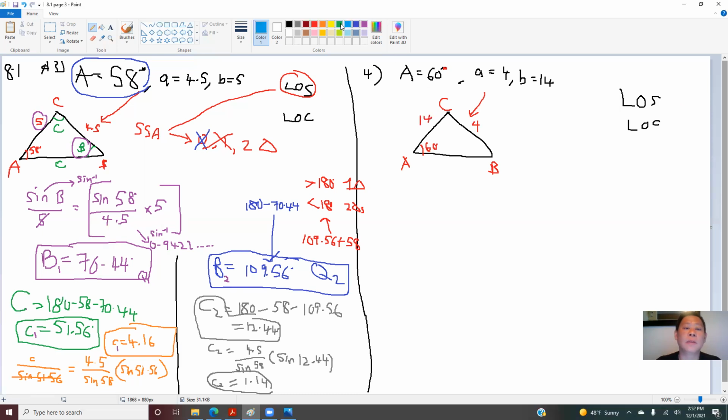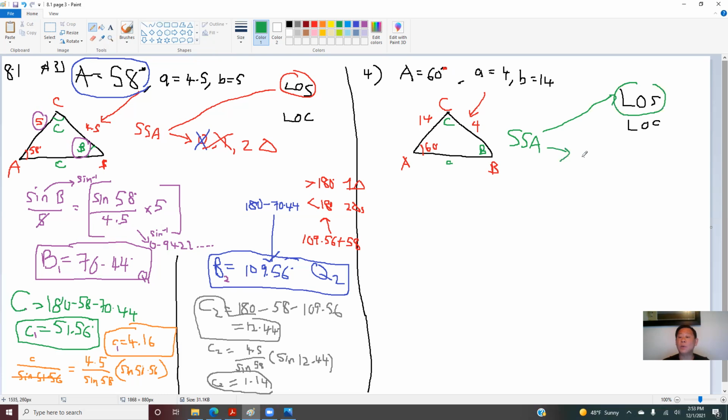This is still missing angle B, angle C, and side C. Since we got exactly the same kind of values, this is a side-side-angle case, which will be the law of sine.